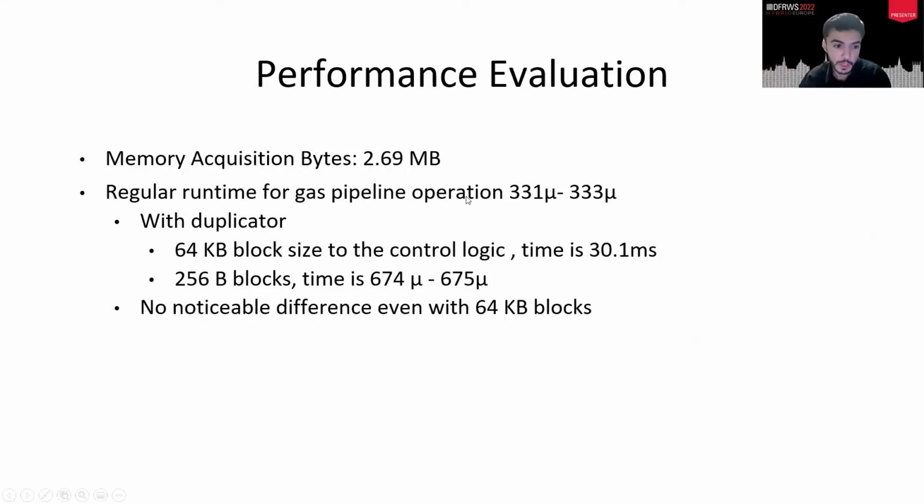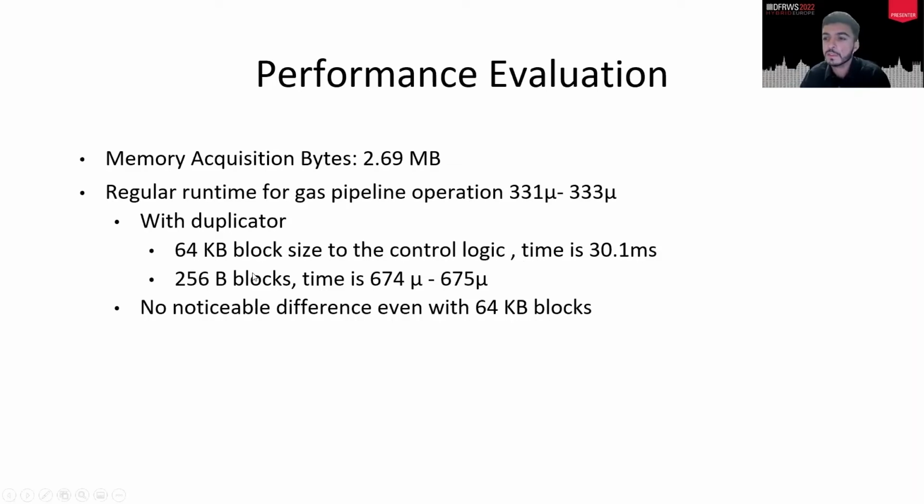But if you acquire the memory while it's running, it takes 30 milliseconds every loop, which is not noticeable because it happens so fast. It doesn't even realize it, because it's just checking every 30 milliseconds, which is still super accurate.